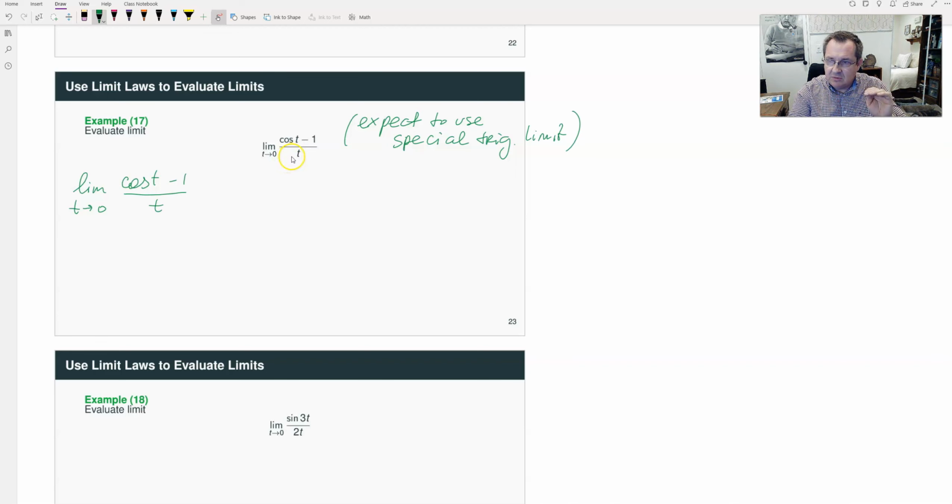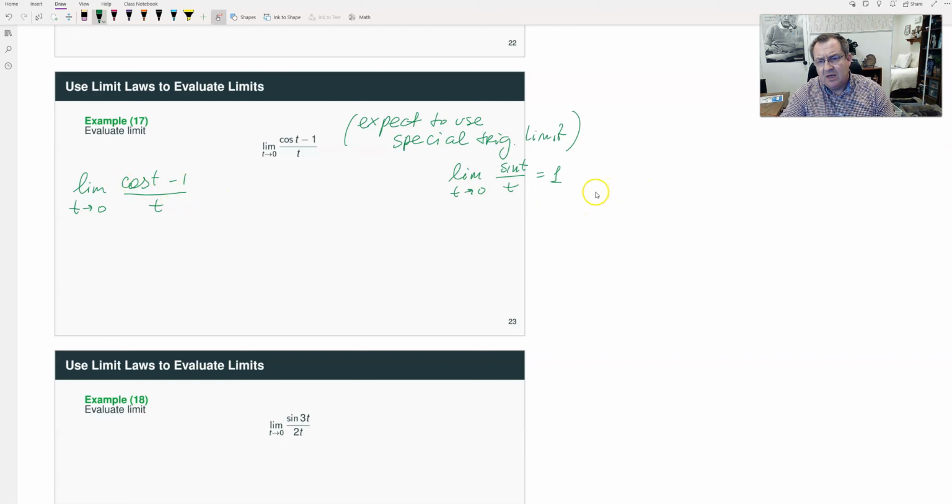So you just start thinking about possibilities of using it. Okay, nevertheless, the special trigonometric limit is the limit as t goes to 0 of sine t divided by t equals 1. And we don't have sine in that expression. We have cosine. So how is it possible to convert cosine into sine?